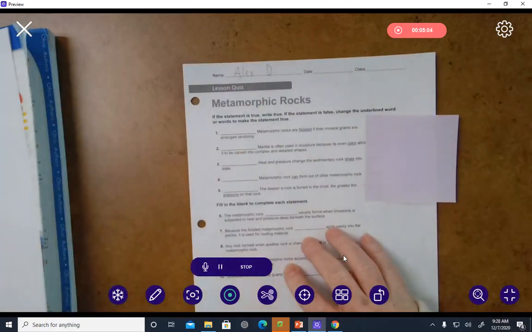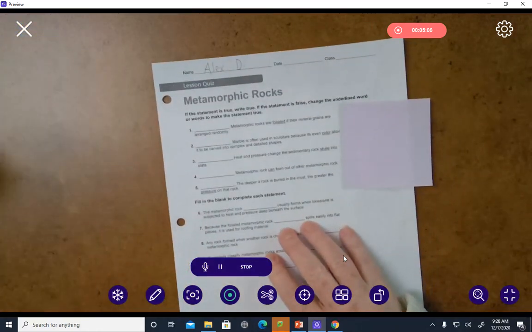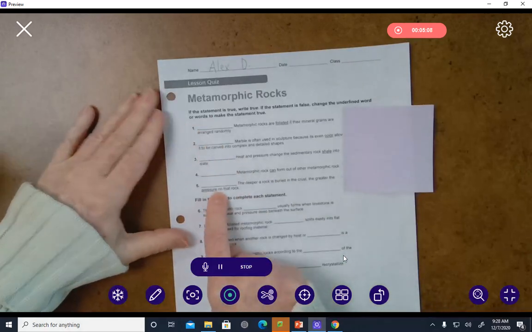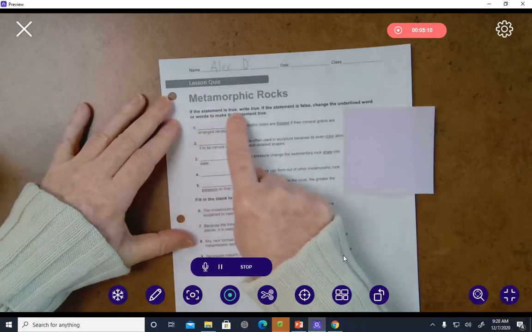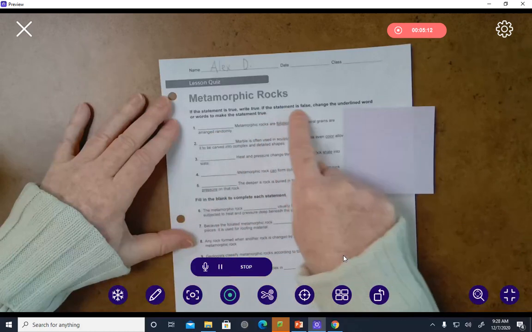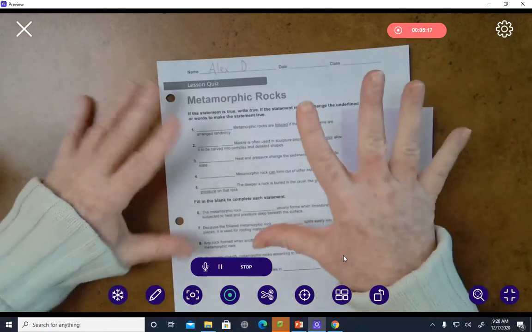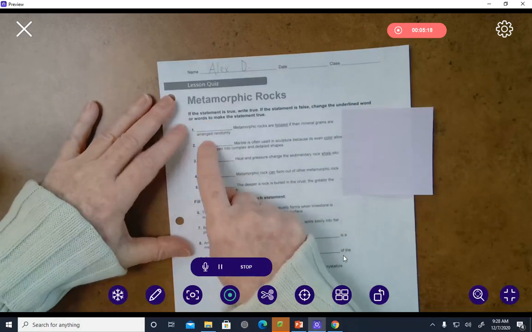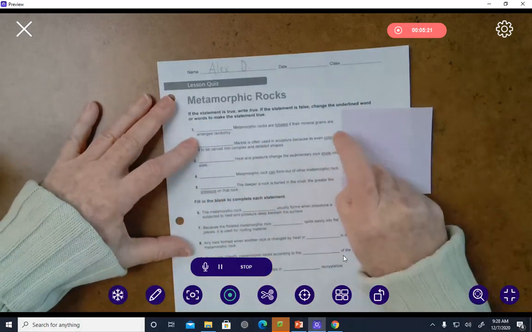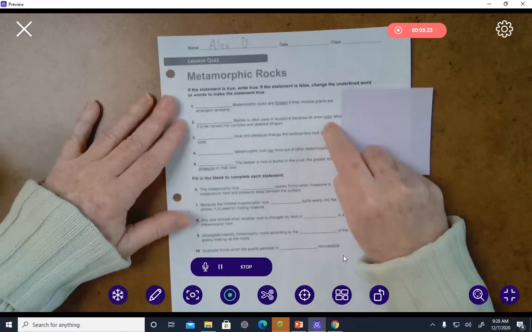And I wanted to draw your attention to the directions. Don't write false here. It says if the statement is true, write true. If the statement is false, you need to change the underlined word. Now, some people like to write true and then false, and if it's false, they change the underlined word. And I give credit for that.